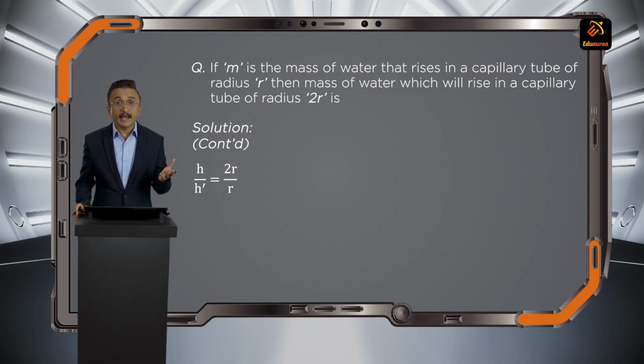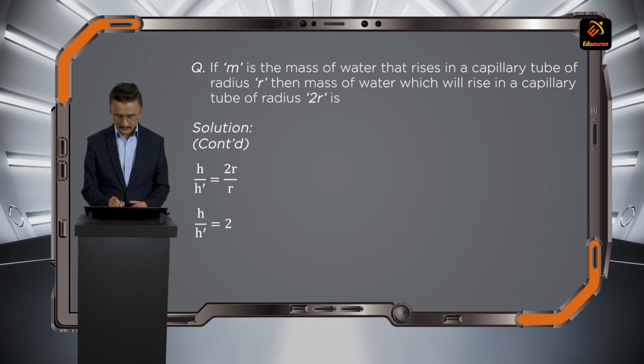So the ratio of h upon h dash is 2. Okay. So I can find out the mass. So now I can say the mass M dash is equal to 2M. Clear?